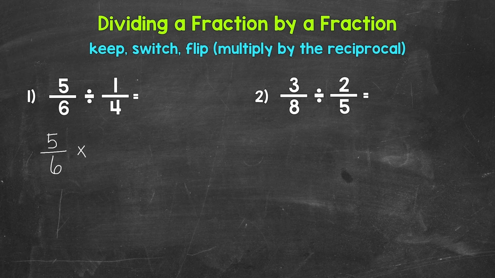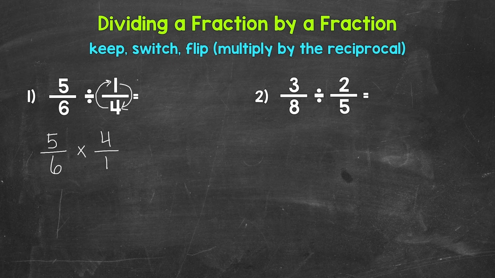So the numerator, 1, is now the denominator, and the denominator, 4, is now the numerator. So 4 is now the numerator, and 1 is now the denominator. When we flip a fraction like this, it's called the reciprocal. So when we rewrite this and keep, switch, flip, we're multiplying by the reciprocal.